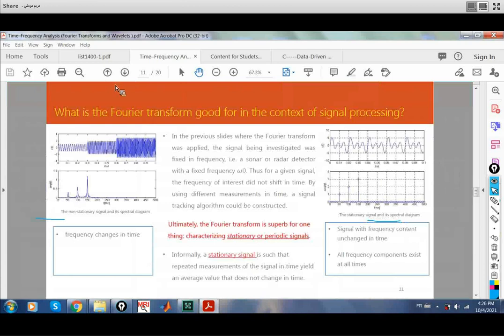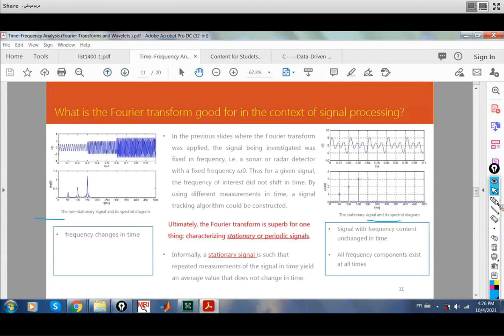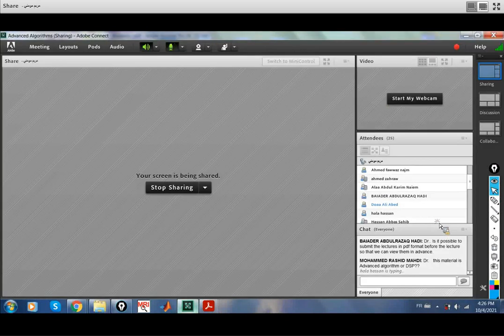Okay. If you don't have any question, we stop at slide 11, and the rest is for offline, which I will record and upload in the LMS. And one student, Muhammad Rashid, asked many questions.